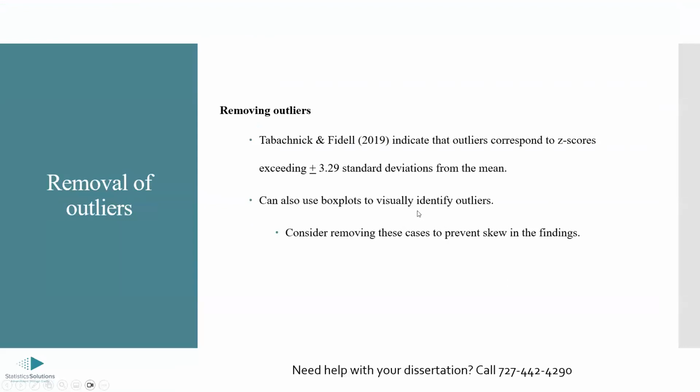The second assumption is more specifically looking at the removal of outliers. You can do this visually with box plots. I tend to go with this Tabachnick and Fidell citation. They standardize their scores. They create z-scores, and then any values exceeding 3.29 or negative 3.29 are outliers.